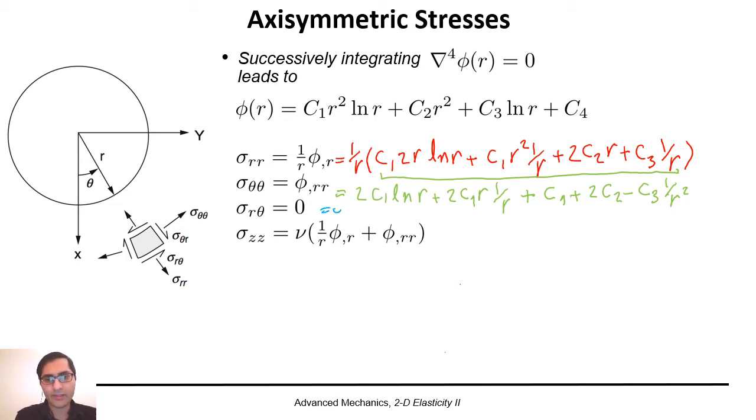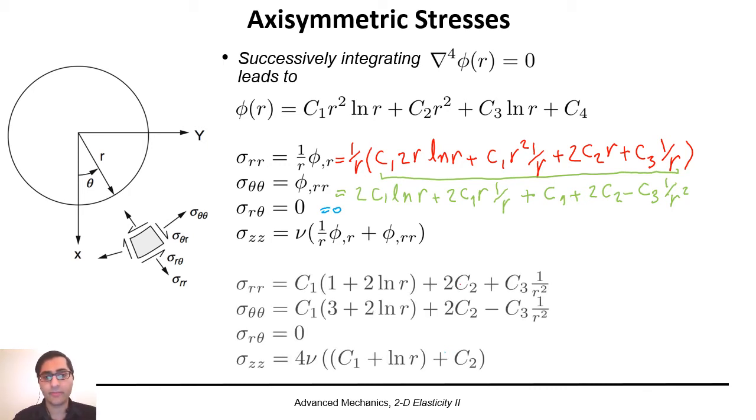It remains 0, and for sigma zz, we just add the solutions for sigma rr and sigma theta theta, and the result is, I'm going to keep it for after seeing the simplified solution for sigma rr and sigma theta theta.